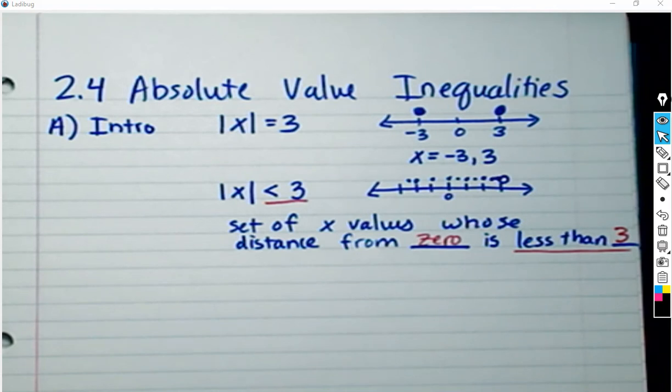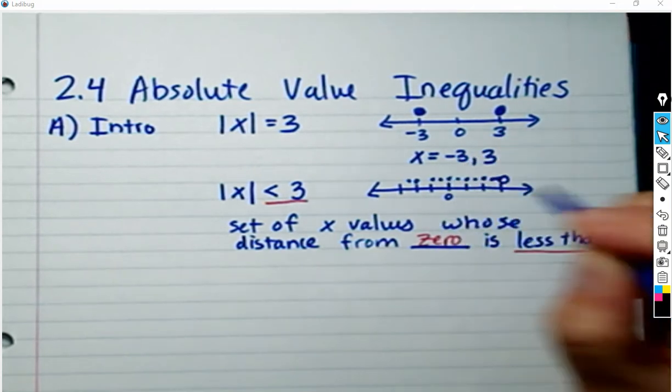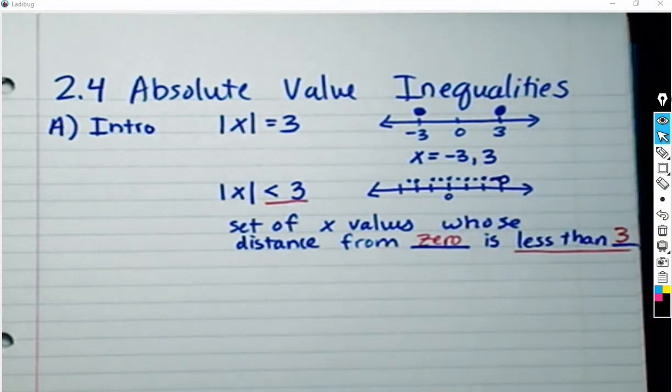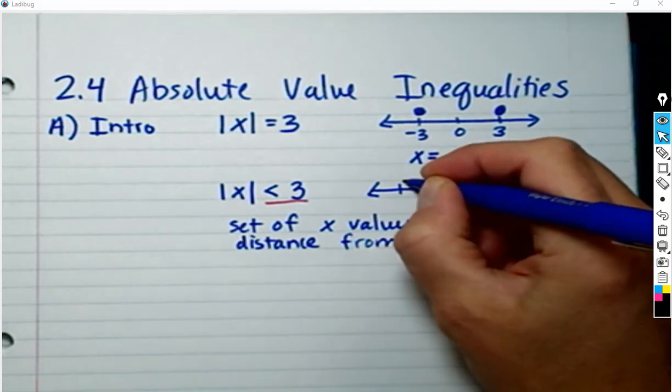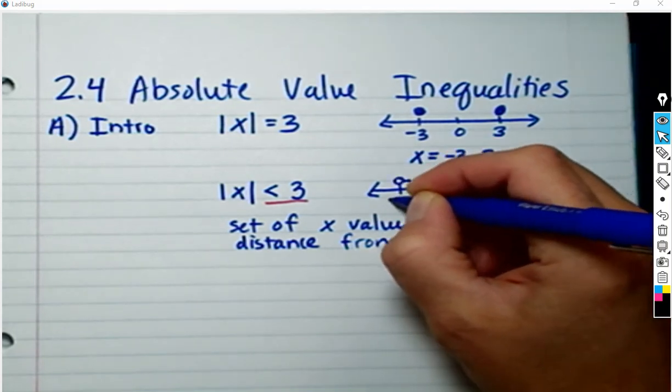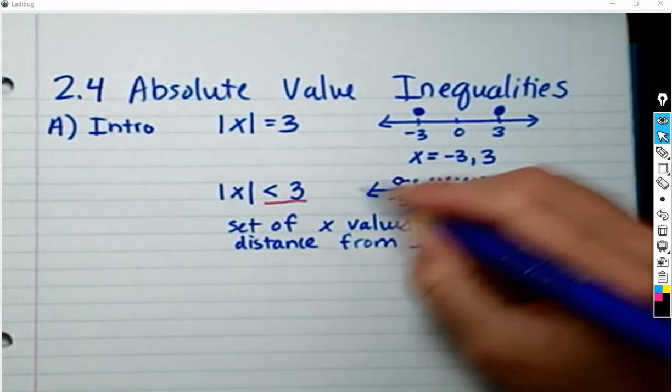Sydney? -0.7. Yes. Now, Josh, number whose distance is less than 3. Negative 2.8. Ooh, like it. Okay, so I am going to put an open circle.